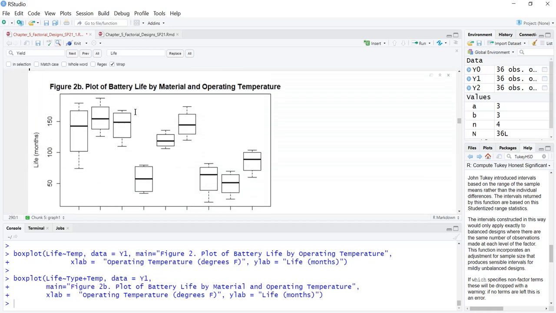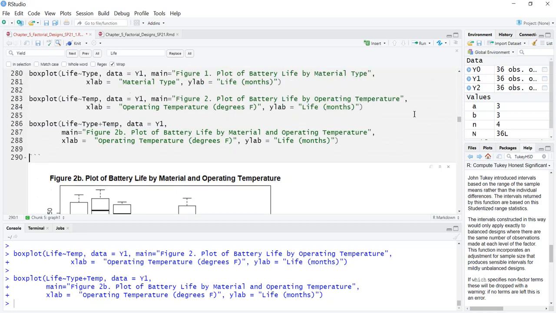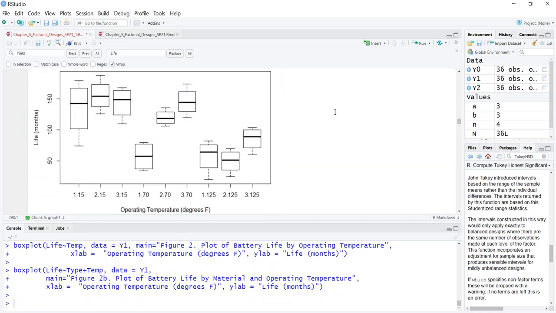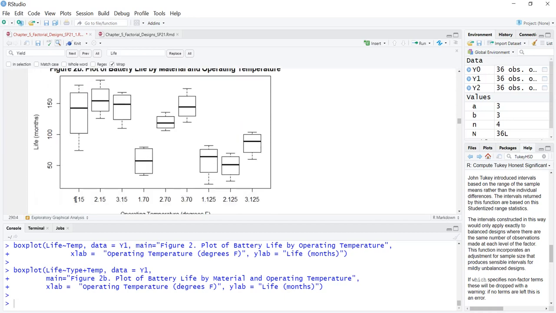And it gives us all of them. So it is important. I'm going to leave this in here for you so your copy will have this. So you can see the first, before the period, is the material, so type 1, type 2, type 3, and this is doing it by temperature. Okay, so this is keeping temperatures all together across the materials.